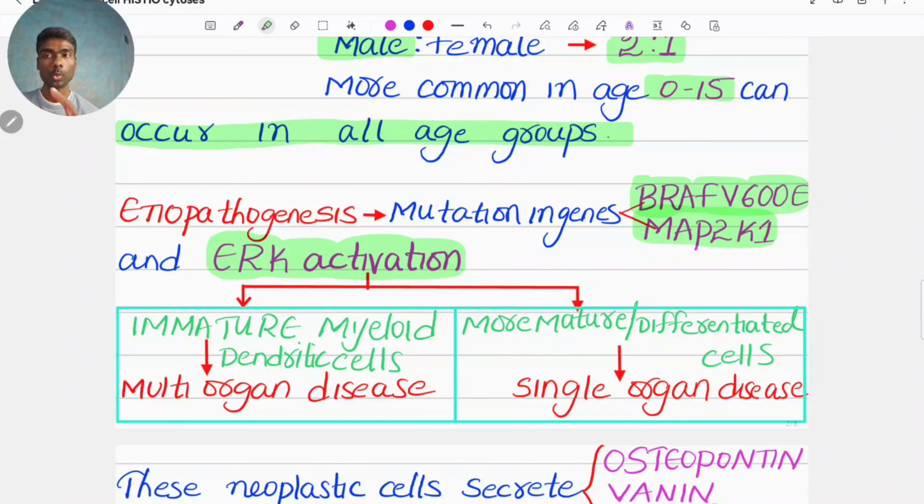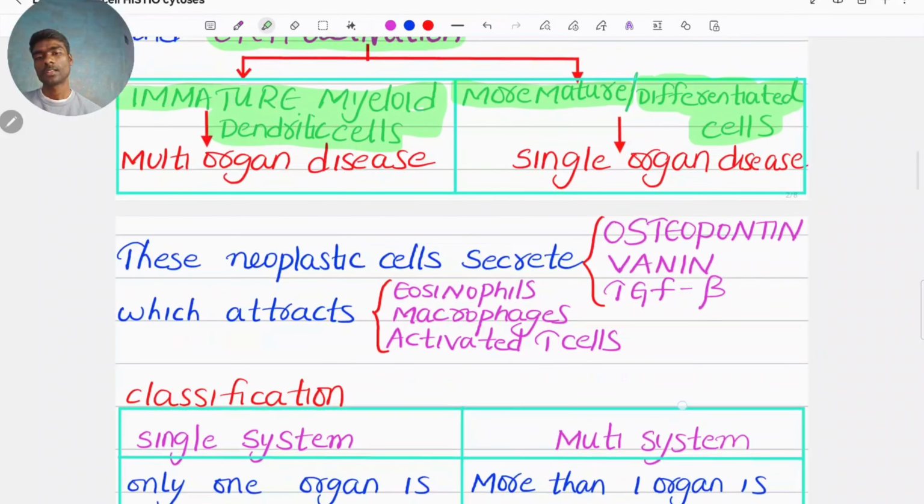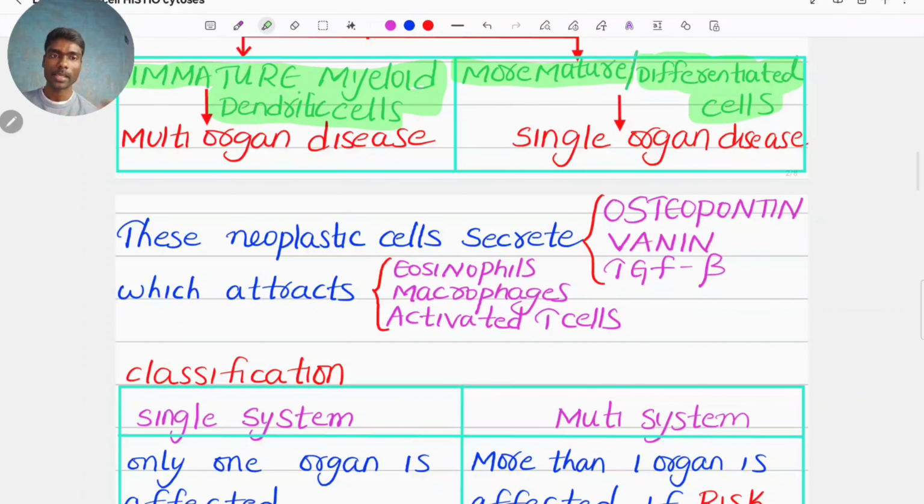If ERK activation occurs in immature myeloid cells, then it affects multiple organs. If ERK activation occurs in a more mature or differentiated cell, only a single organ will be affected. These neoplastic cells secrete osteopontin, vanin and transforming growth factor beta, which attract eosinophils, macrophages and activated T cells.